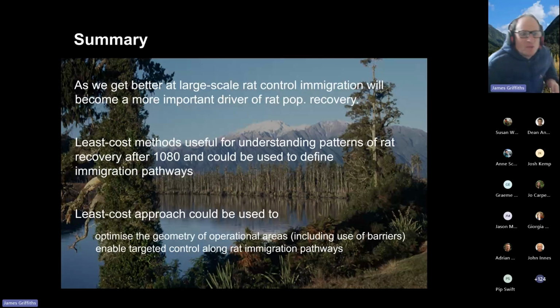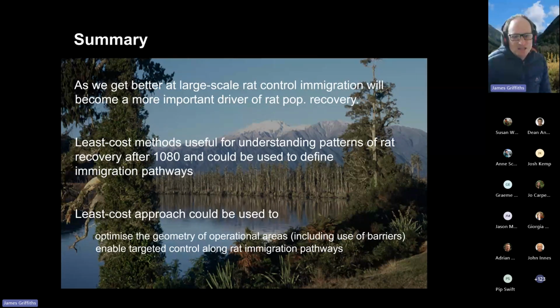So what can we conclude from all of this? As we get better at large-scale rat control, immigration will become an increasingly important driver of rat population and necessarily needs to become a focus. Least cost methods are a useful way of understanding patterns of rat recovery after 1080, and they could be used to define immigration pathways.